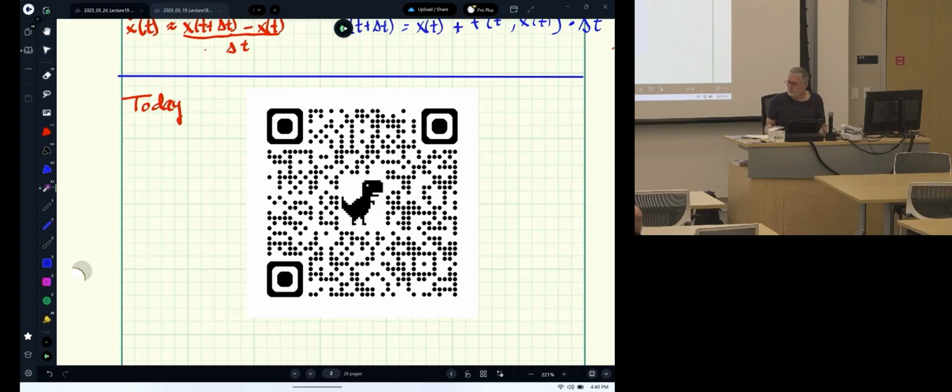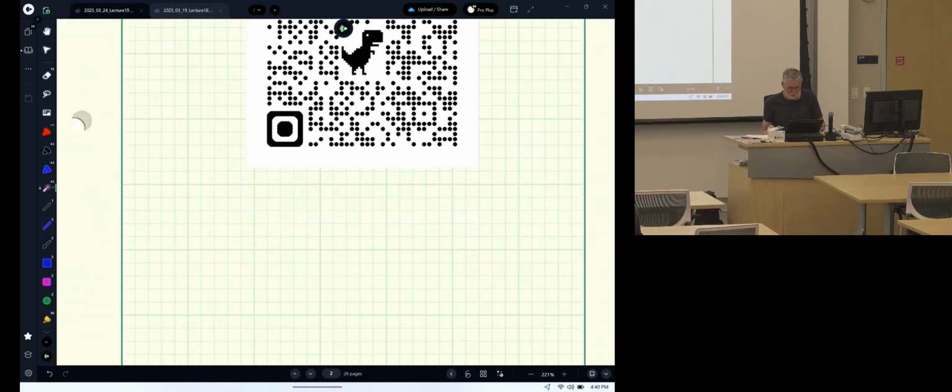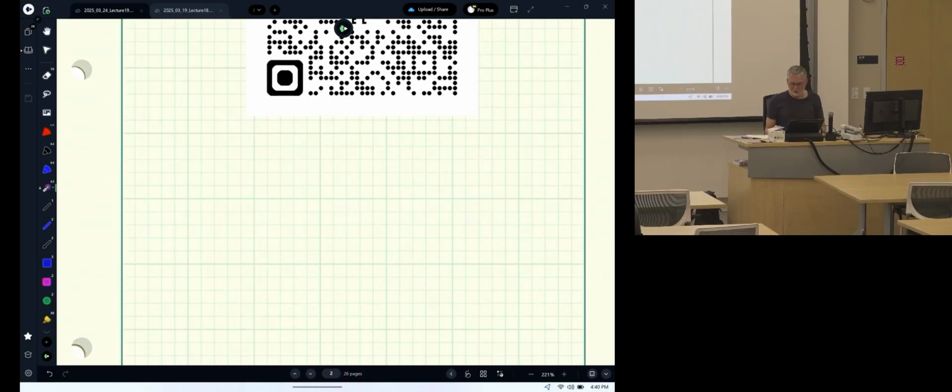I see a few little photos being taken still. You guys are good? I don't know, for some reason all the TVs are working, so you're surrounded by QR codes. Okay, everybody online got it? Good, thank you for letting me know, I appreciate that.